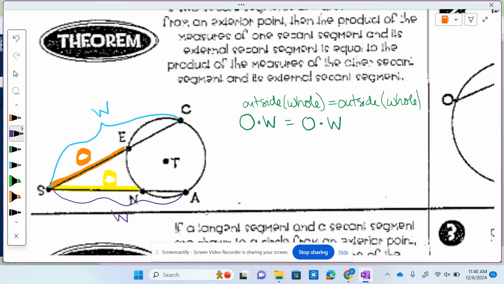So if I wanted to label it by the segments, the outside piece, that's segment SE, multiplied by the length of segment SC, has to be equal to SN, outside, multiplied by the length of segment SA. Ow, ow. Okay.